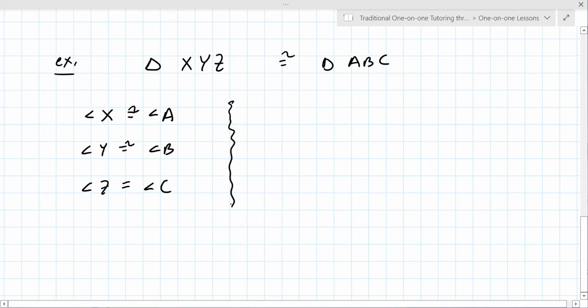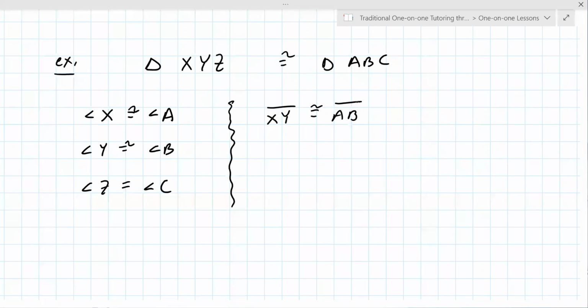Now the sides here, it's a path. It's like X to Y goes with A to B. Segment XY is congruent to AB. Just follow them in order.